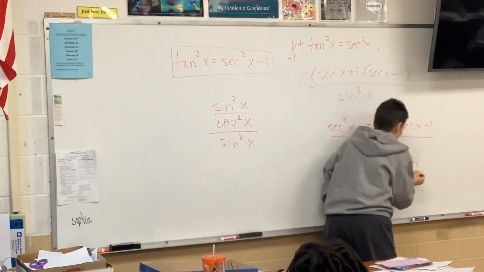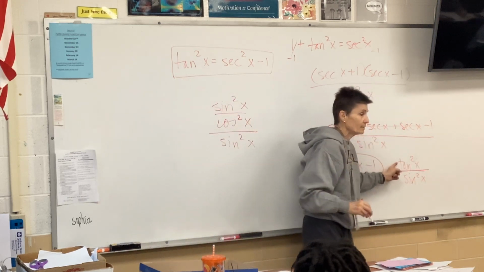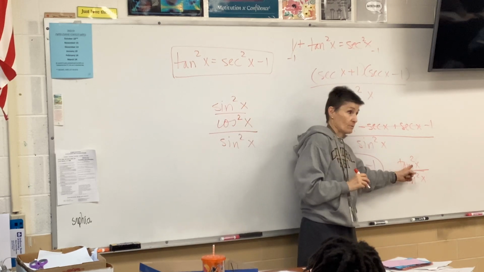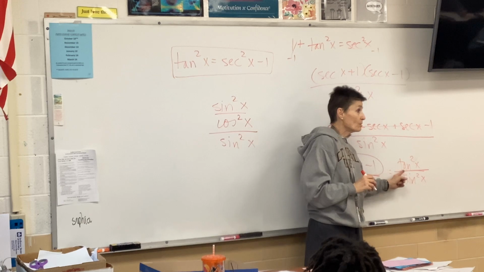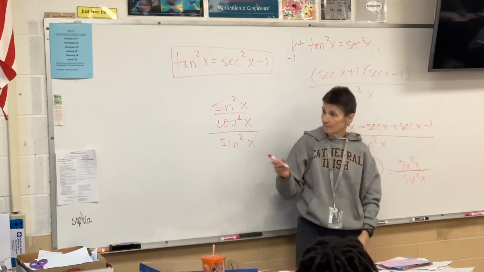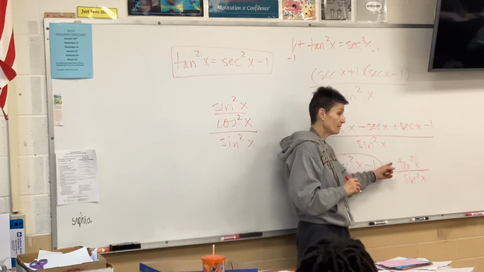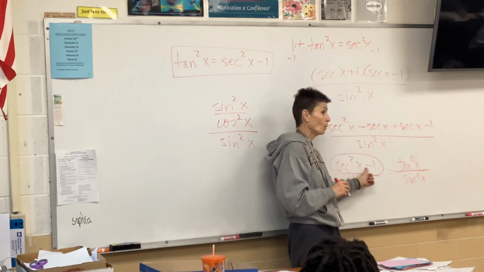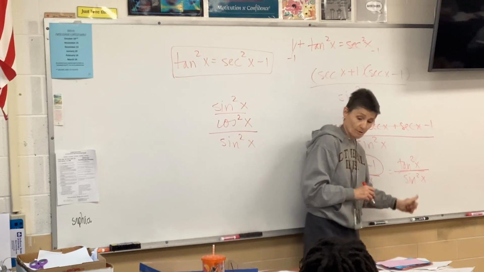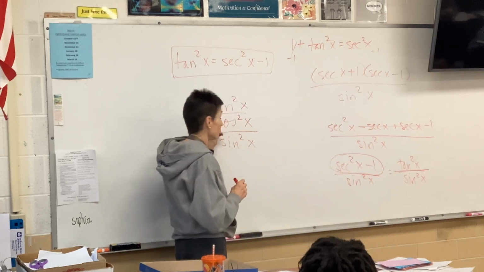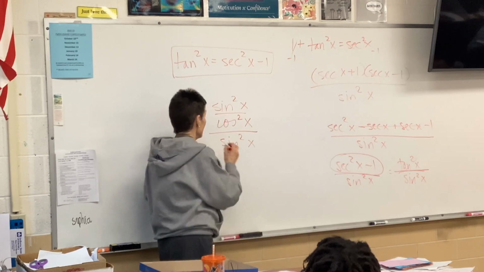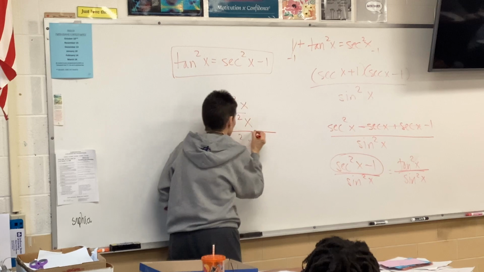Okay, so come back here where we are. Tangent squared, I'm rewriting as sine squared over cosine squared, and then it's over the sine squared. You with me? So secant squared minus 1 became tangent squared, and tangent squared became sine over cosine squared. Now, this is a division problem, isn't it?